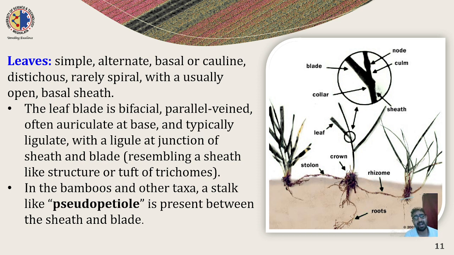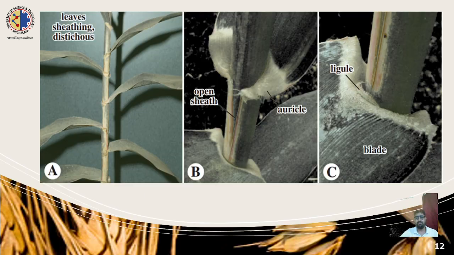Auricles are ear-like outgrowths you will find at the base of the lamina and the base of the leaf. Typically ligulate. Ligules are present at the junction, resembling tufts of trichomes. Trichome means hair-like. In bamboo species or other taxa, a stalk-like pseudopetiole is present between sheath and blade, but it is present mostly in bamboos.